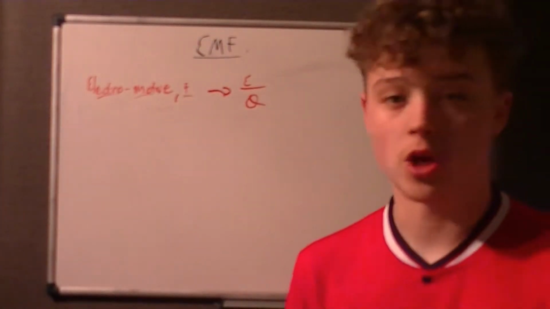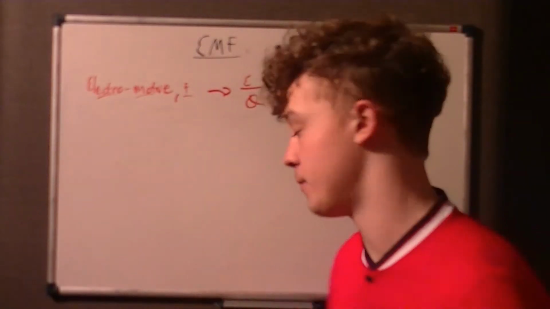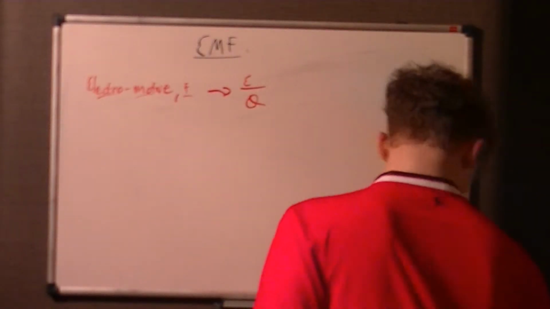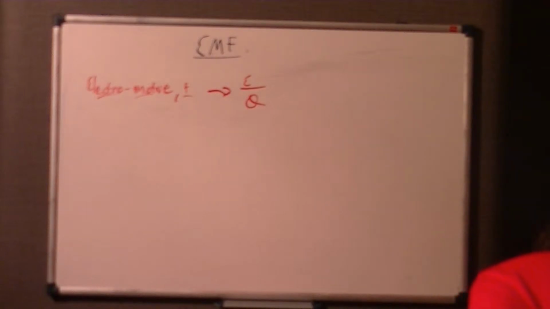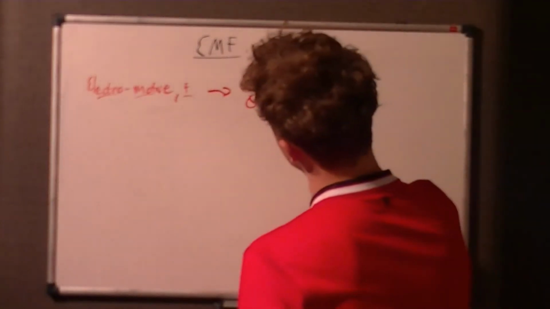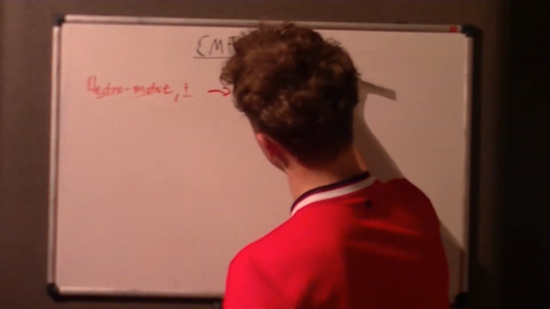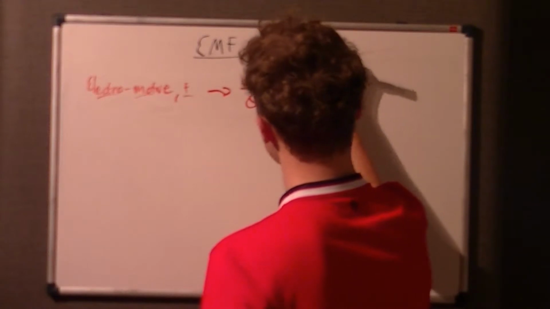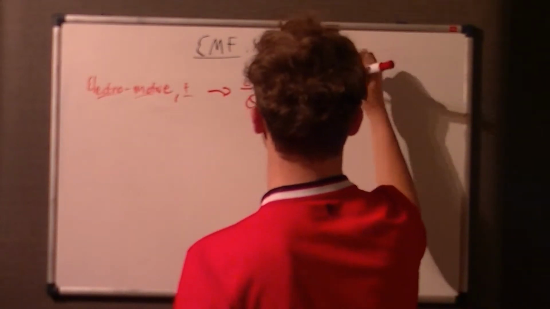If it's per unit charge, you look at the amount of charge and you divide by that amount. Sorry, just checking, that was the electrical energy, not force, I said that, electrical energy.